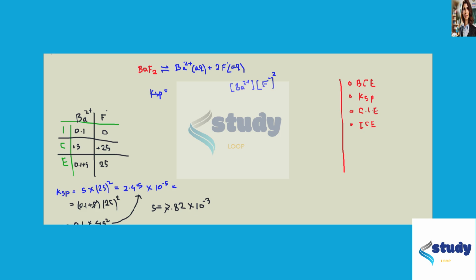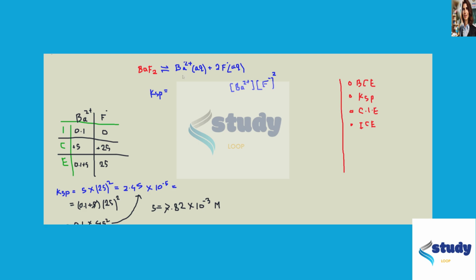Let me also say that the unit of this molar solubility should be molar, the M. Now we can move forward to the third one, which is 0.15 molar.